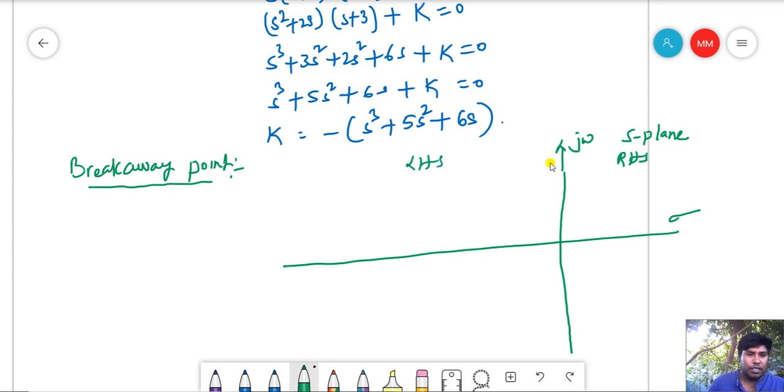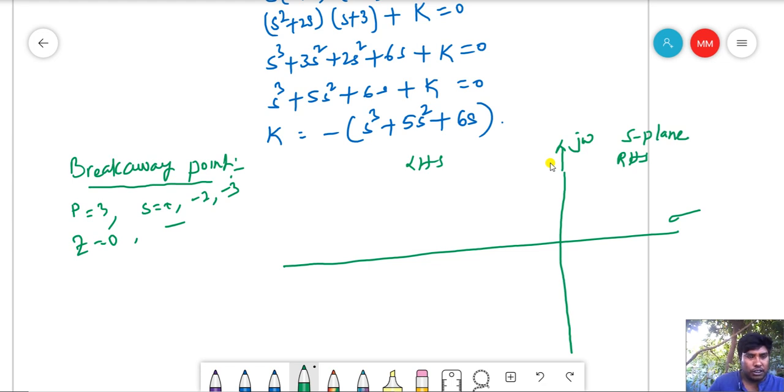From the transfer function, the number of poles is 3, that are s = 0, s = -2 and s = -3. There are no zeros, so zeros are 0.